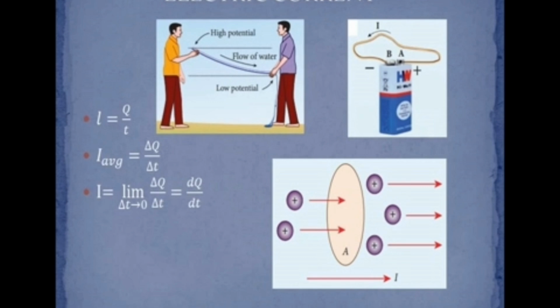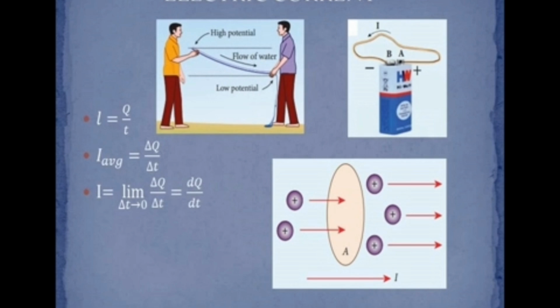In that particular time period we calculate the flow of current, and that's called instantaneous current. So to measure instantaneous current, I is equal to limit delta T tends to 0 of delta Q by delta T. This can be written as dq by dt, the rate of change of charge with respect to time.